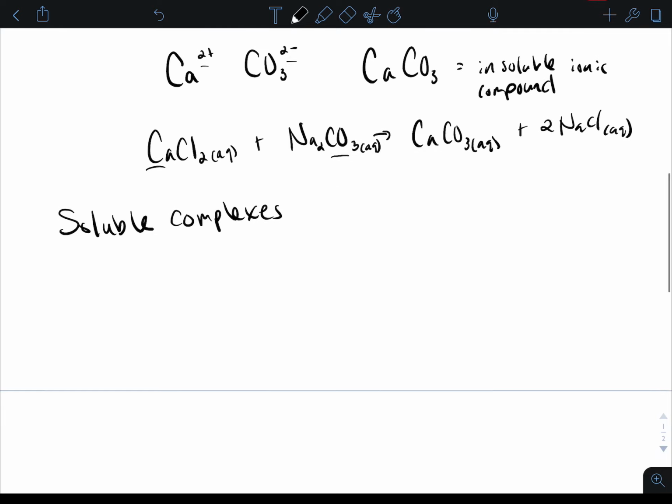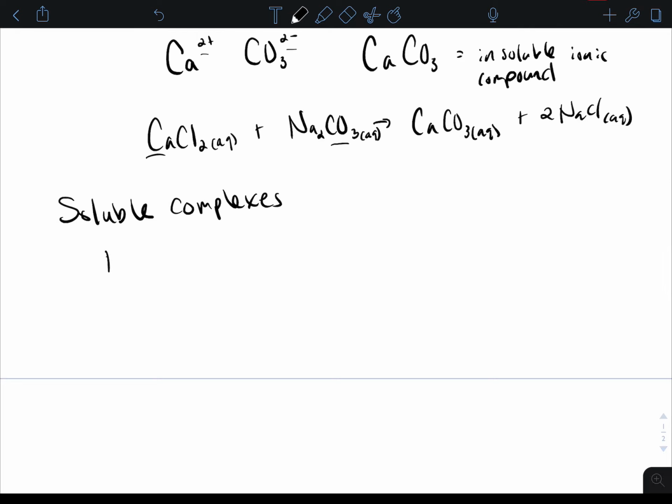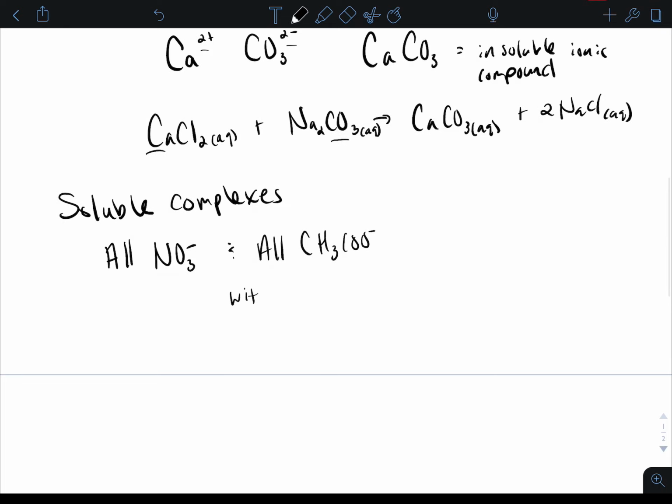This is going to include all nitrates and all acetate ions without exception. These both have small charges, and they're fairly bulky. So all salts that form with nitrate or acetate are going to be soluble.